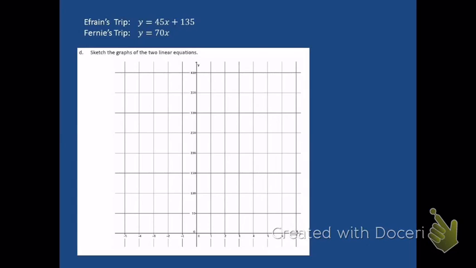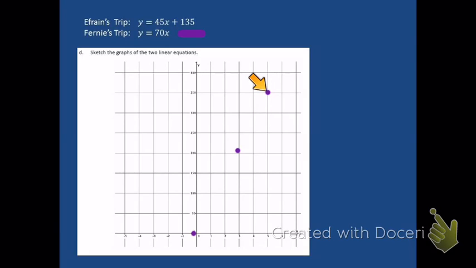Okay, so let's plot some points first for Fernie's trip, because that's a little bit simpler, and then for Efren. Here are some points, and I'm going to do Fernie in purple. At time 0, he's gone 0 miles. Then I put on 3 hours: 3 hours is 210 miles, and at 5 hours, 5 times 70 is 350.